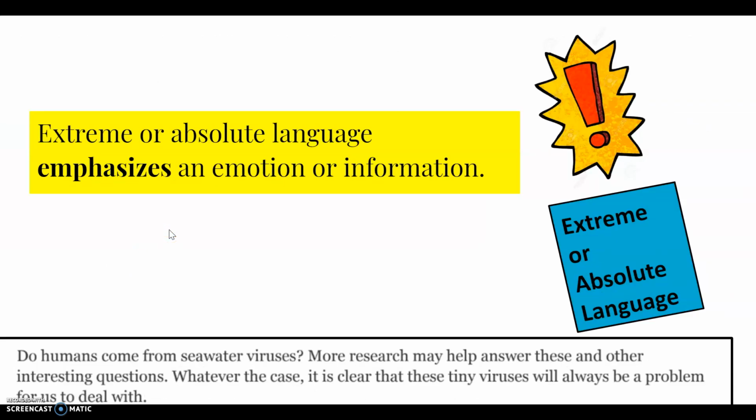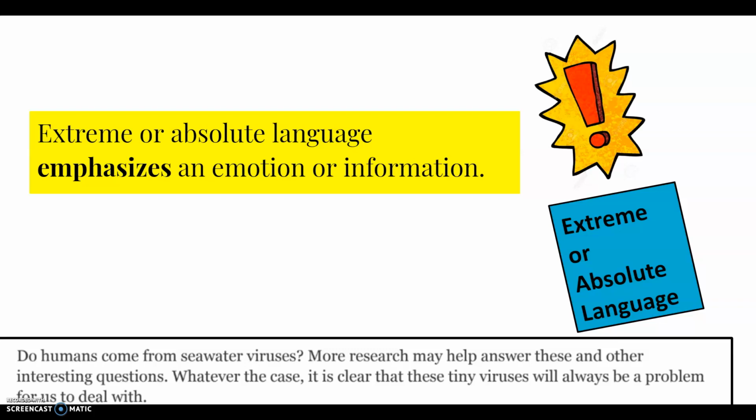The next signpost that an author might choose to use is extreme or absolute language. And typically when the author is choosing to use extreme or absolute language, the purpose is to emphasize an emotion or information. So here's another example of extreme or absolute language. The author states, do humans come from seawater viruses? More research may help answer these and other interesting questions.